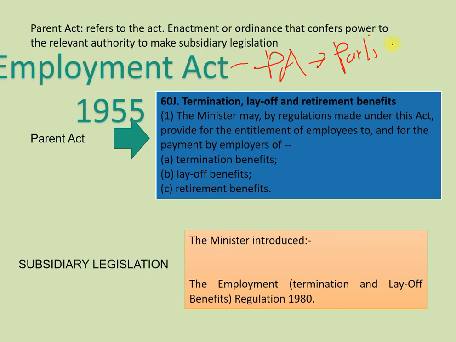Under the Parent Act, for example Section 60J, it states that the minister may make a regulation under this act to provide for the entitlement of employees and for the payment by employees.